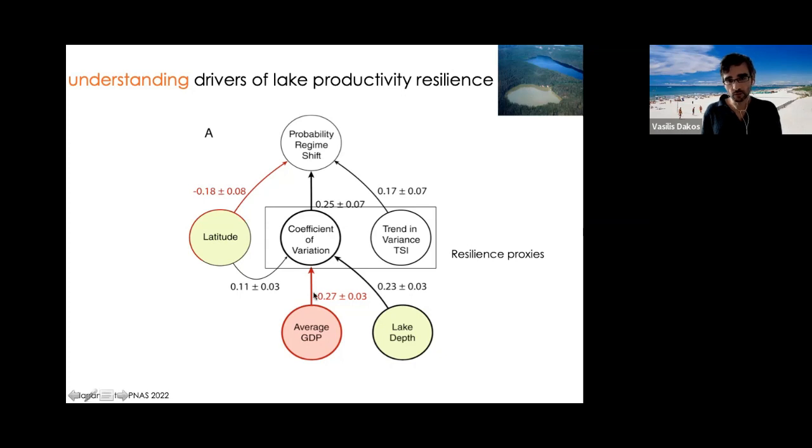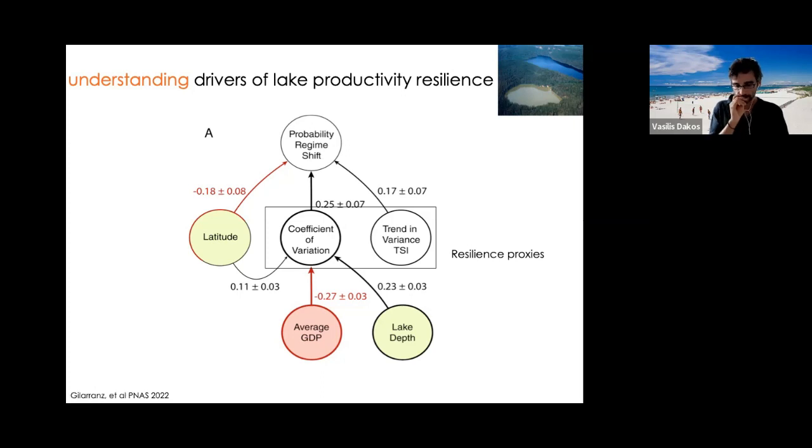And what we found was that we could partly explain that probability through these variables that are indeed affecting variability in the lake, but mostly affecting the overall variability rather than the trend in the variance, so like the change in stability that trend in variance would measure. So in this case, we were not really able to improve our understanding in terms of identifying potential regime shifts.